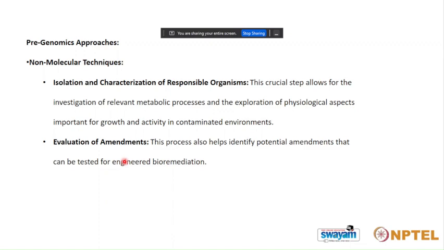So basically in the pre-genomic approaches, we can isolate and characterize the responsible organism for carrying out the degradation process.